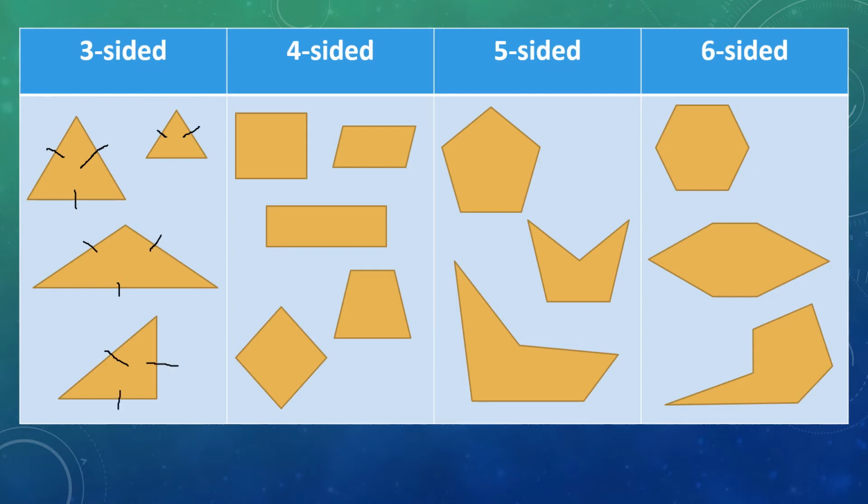In the next category, it is labeled four-sided. So all of the shapes in this category have 4 sides. Let's count them. Oops, forgot one. 1, 2, 3, 4. Yes, all of these shapes have 4 sides. They don't all look the same, but they are all 4-sided shapes.